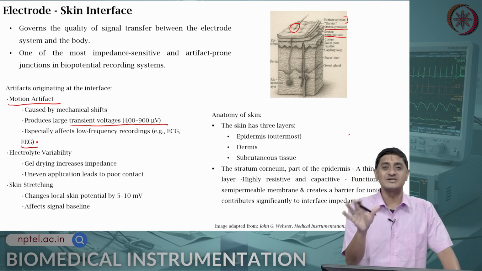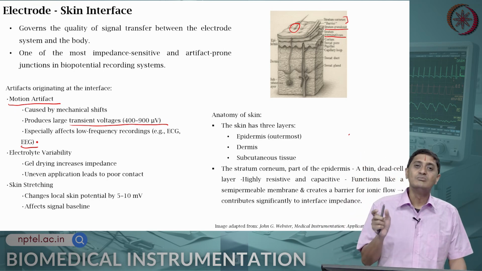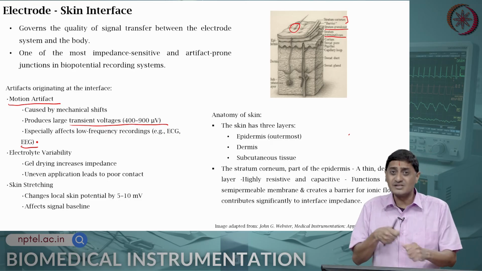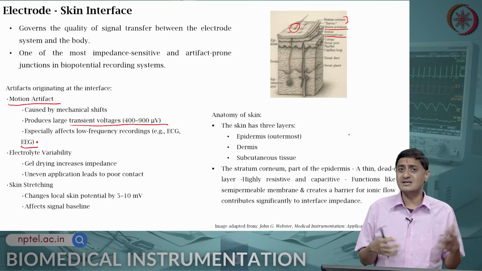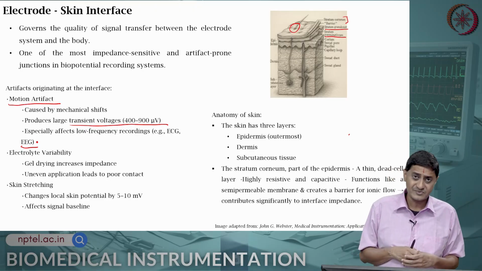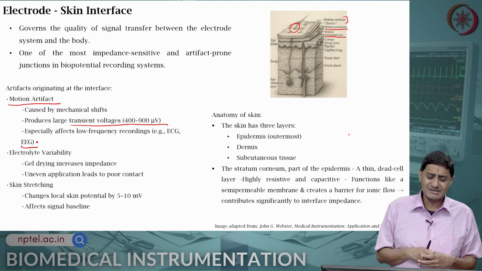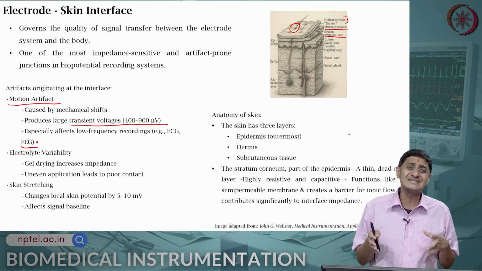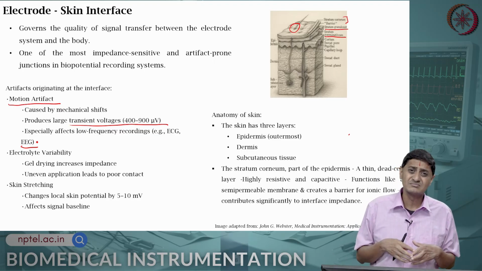First, you need to minimize movement artifact, ensure that movement artifact does not happen. How do you do that? You press the electrode and make sure that it does not move by using, say, a duct tape, a good surgical tape for example. But there is a disadvantage with that also, because you need to consider patient safety and comfort.